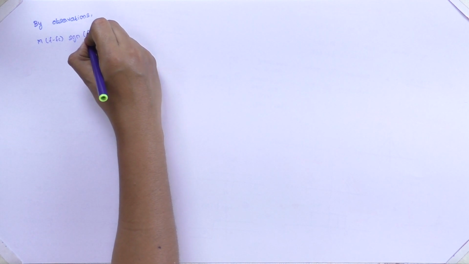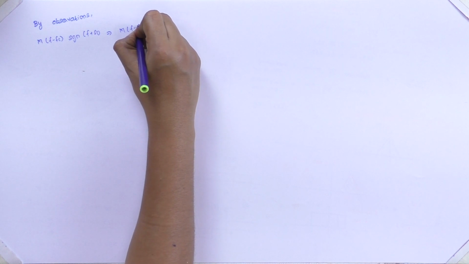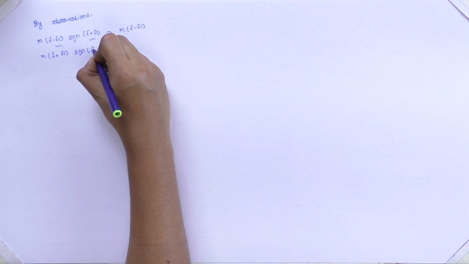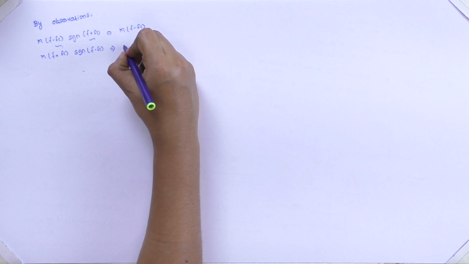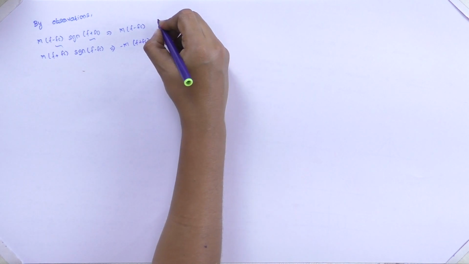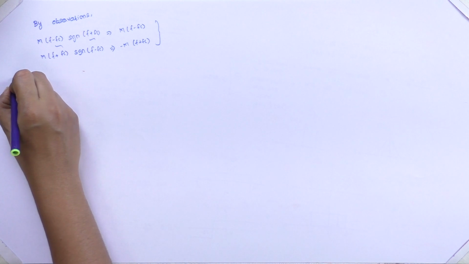Therefore, M of f minus fc signum of f plus fc will result in M of f minus fc. We have taken only the opposite part. Similarly, M of f plus fc and signum of f minus fc, with opposite operators, the result will be minus M of f plus fc. So, we are going to substitute these 2 observations in the equation.